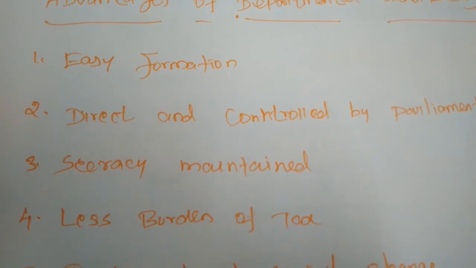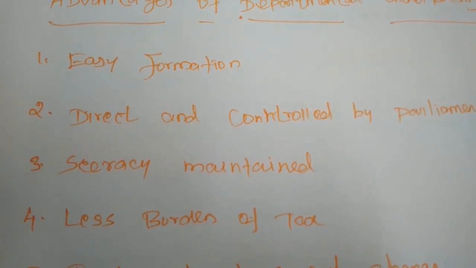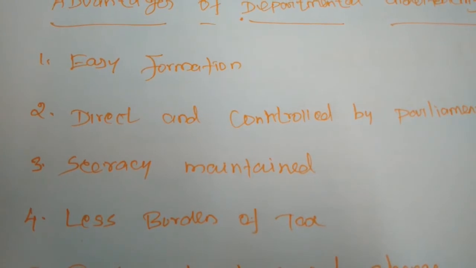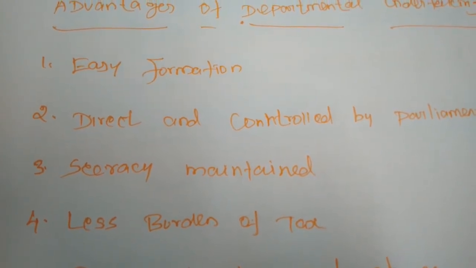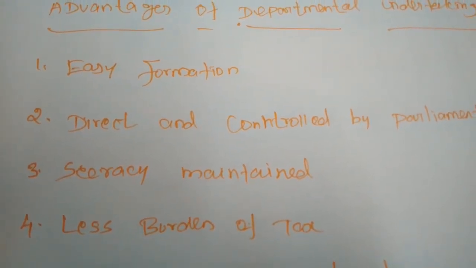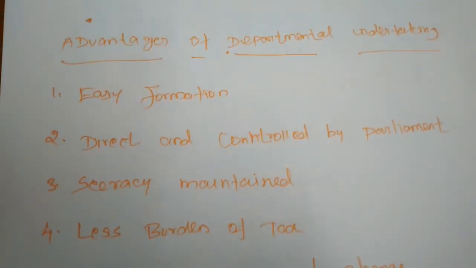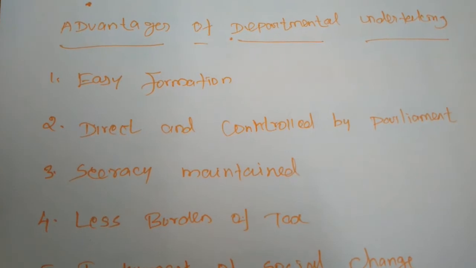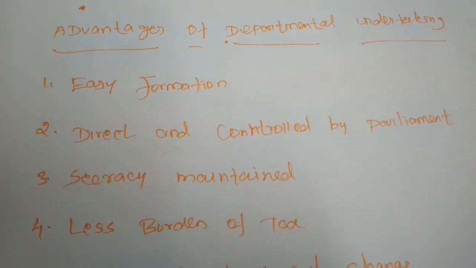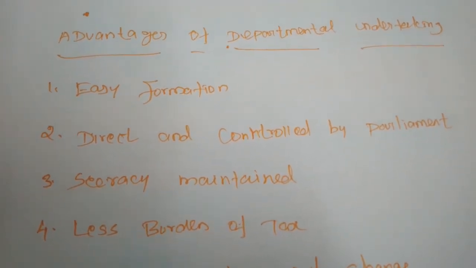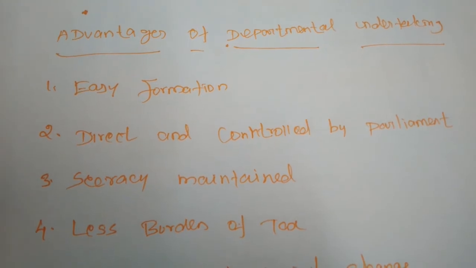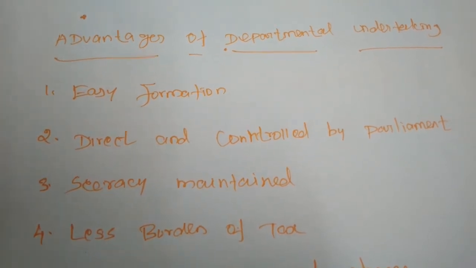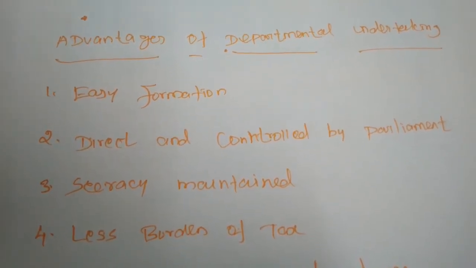The departmental undertaking is created by an administrative decision of the government, involving no legal formalities for its formation. If the government needs to establish a departmental undertaking, it can easily form it by an enactment in the parliament or the state legislative assemblies.